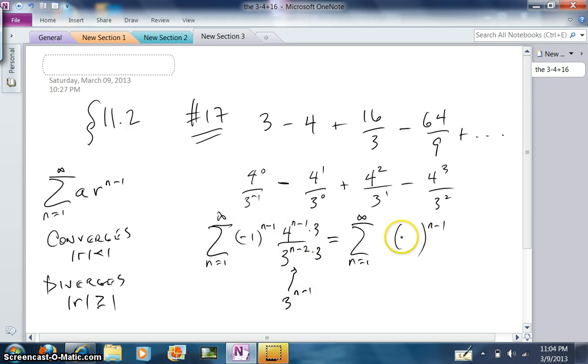So this whole thing is negative 4/3 to the n minus 1. I still have that extra 3 out in front. And so now that's exactly the form of the geometric series, where r now is equal to negative 4/3, and the absolute value of r is equal to 4/3, which is greater than or equal to 1, so this diverges.